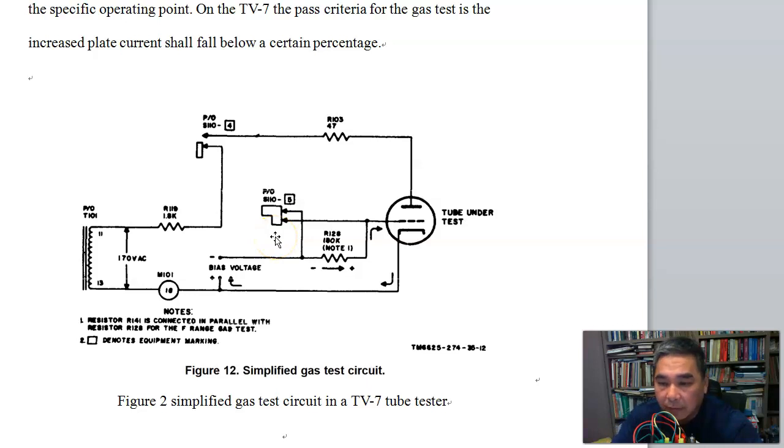As a result, you will see an increase in the plate current because the voltage is higher on the grid. So the difference in these two plate currents gives you an indication of how gassy the tube is, and you can put that into a percentage. I don't know the criteria used by TV7, but you can use something like 1% or 2% difference of the bulk plate current as a criterion.